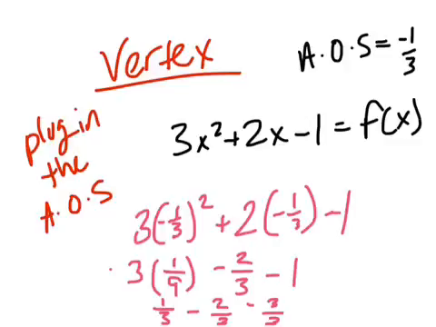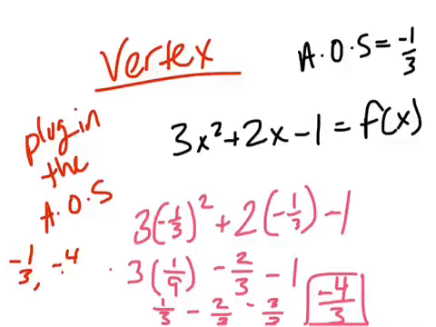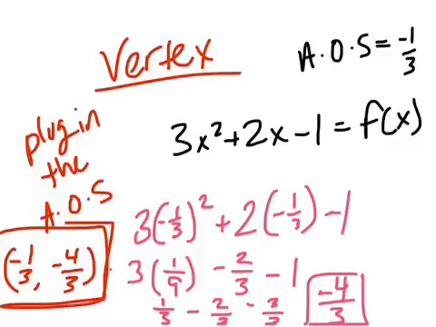So 1 minus 2 minus 3 is negative 4. So we have negative 4/3. That's the output for our vertex. So our vertex here is going to be negative 1/3, negative 4/3. And this is a coordinate. So this is our vertex.